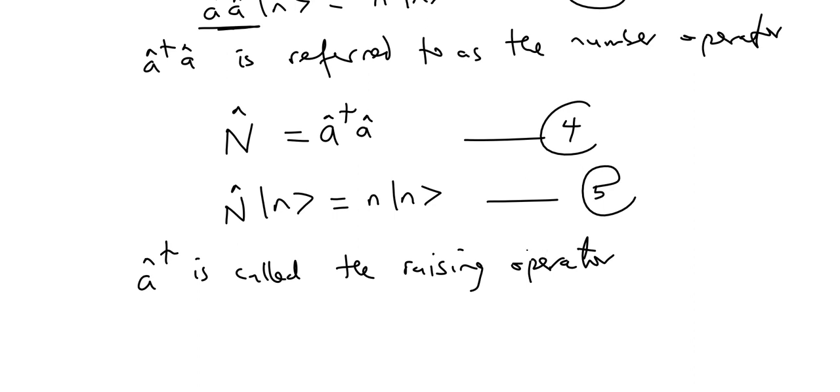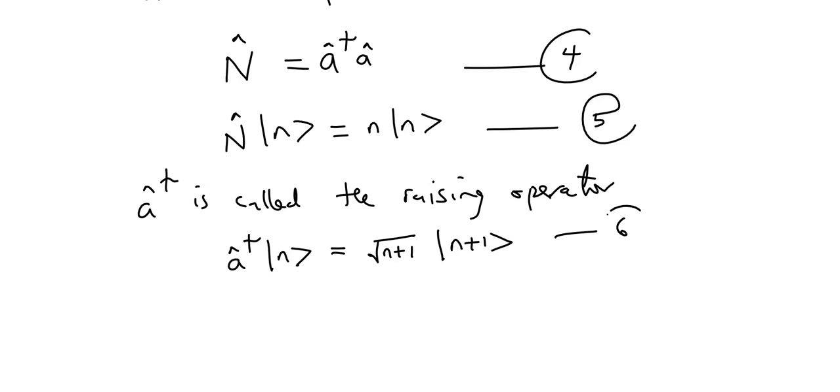Technically, if a† acts on an eigenstate |n>, it gives the eigenvalue square root of n + 1, and it increases the eigenstate by 1. So when a† acts on the state, it increases it by 1 with this normalization factor. Let me call this equation 6. Then a is called the lowering operator.